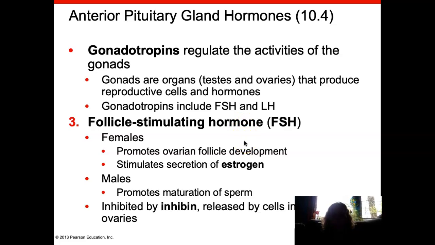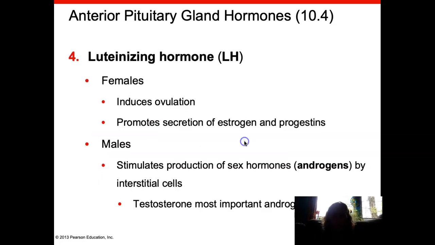So FSH promotes the maturation of sperm. LH in females, you'll see a peak in LH on day 14 of the menstrual cycle, just before ovulation occurs. So LH induces ovulation. In males, it stimulates the production of sex hormones. And we'll see more detail on that in the reproductive chapter, but the most important male sex hormone is testosterone.